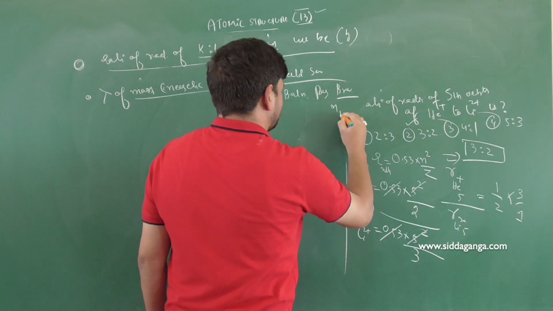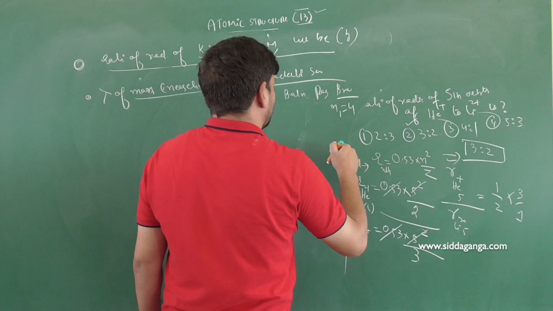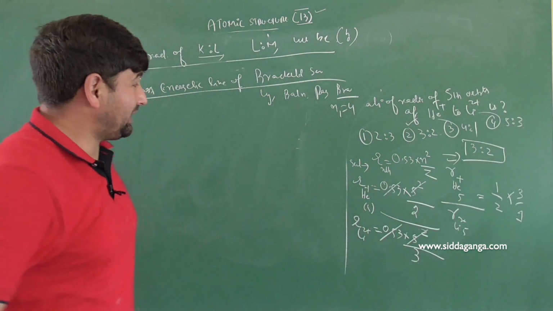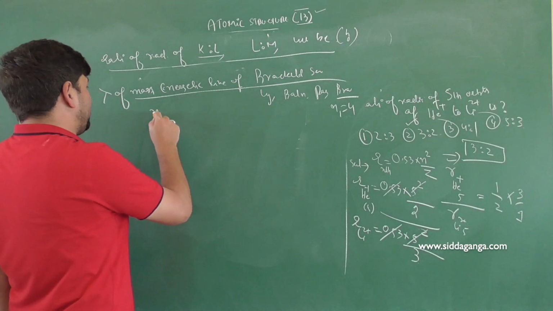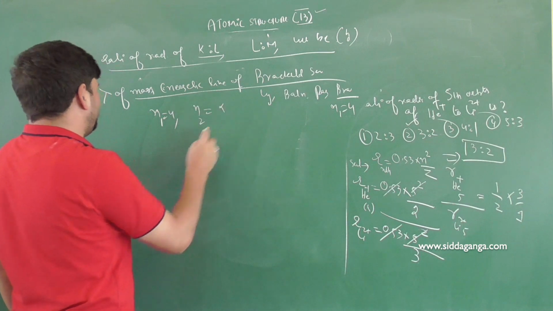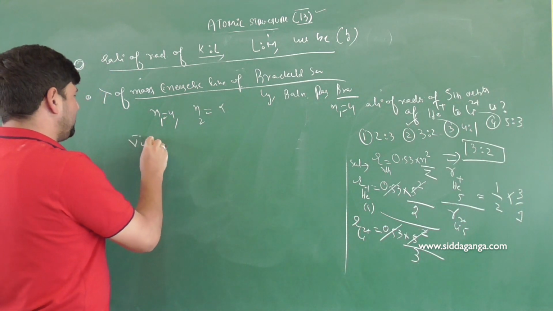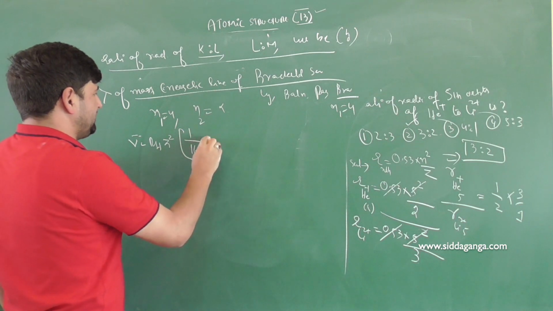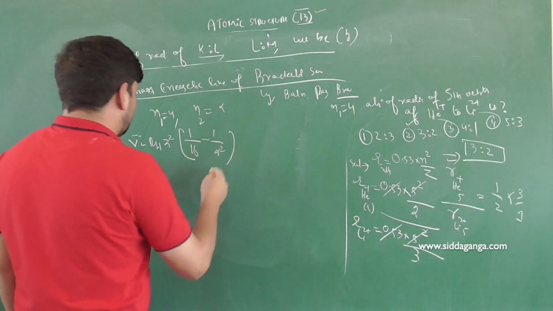So for Brackett, what is n1? 4. We are talking about the strongest line, and that's always the limiting line. For the Brackett series, what is n1 equal to? 4. And what will be n2? Infinity. So the wave number will be RH Z square into 1 by 16 minus 1 by infinity square, that will be 0.